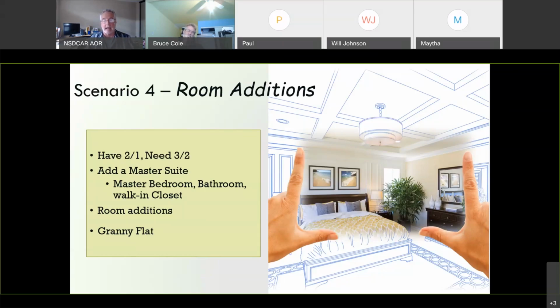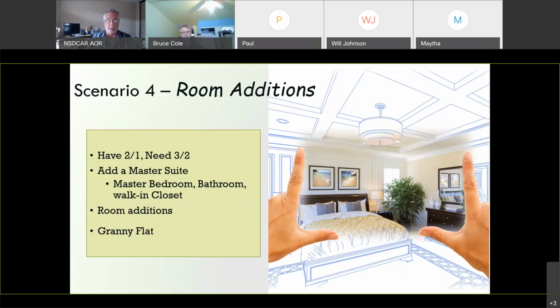Sometimes lenders will allow us to work with an initial design and a budget. I've had other lenders that come back and say, nope, I want stamped plans from the city. Well, that's not going to work under most scenarios out there. So think about that. We can do it.